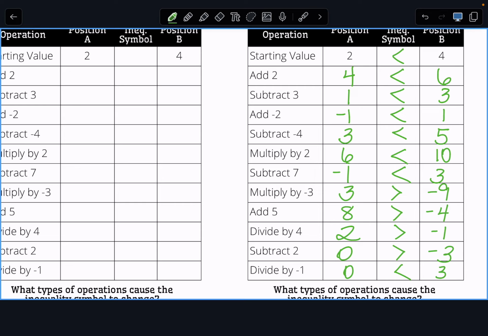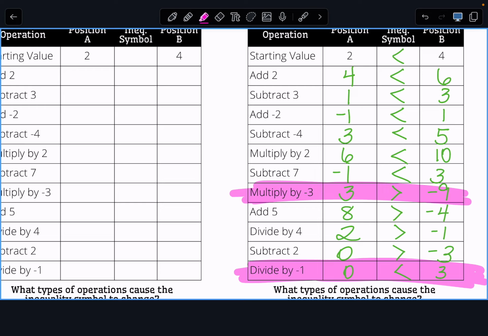Okay, so you told me that it flipped here and here, right? Okay, so what do you notice? When did it flip? When just any multiplier divide?